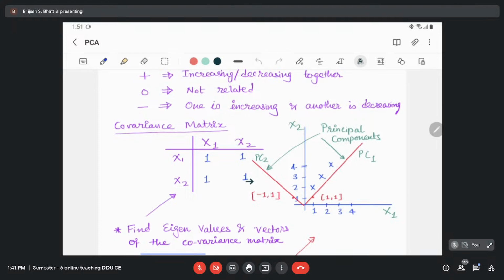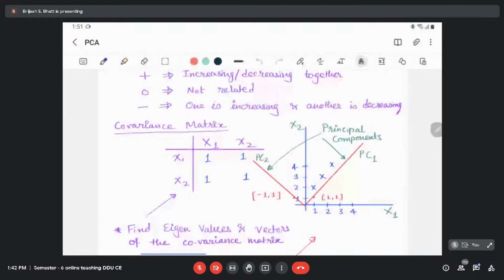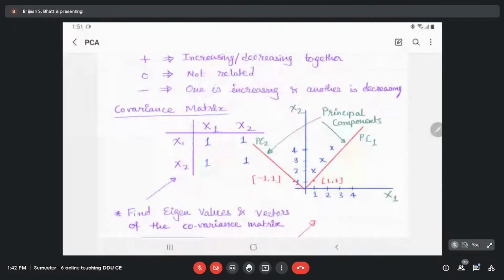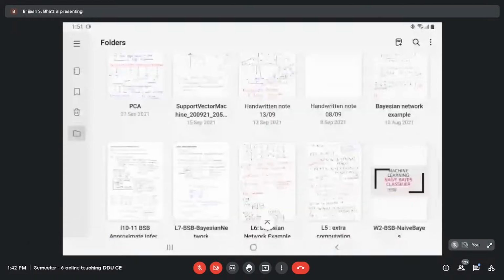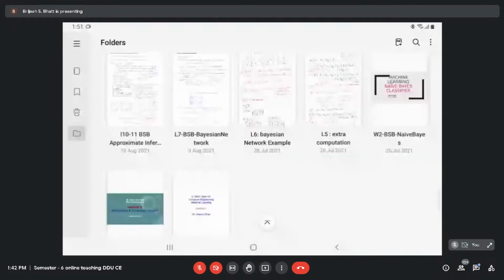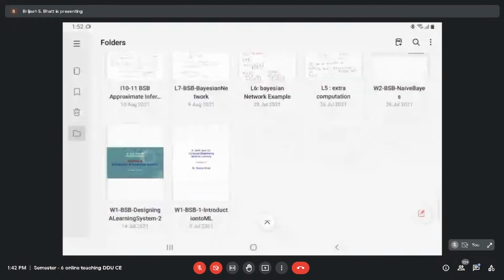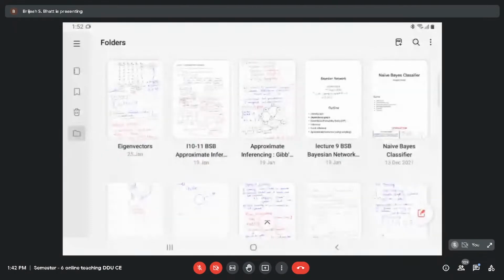But when the dimension of covariance matrix increases, like for 4 cross 4 or 10 cross 10, then eigenvalue calculation becomes complicated. Okay, so with that, go back to another interesting dimensionality reduction technique, which is known as latent semantic indexing.